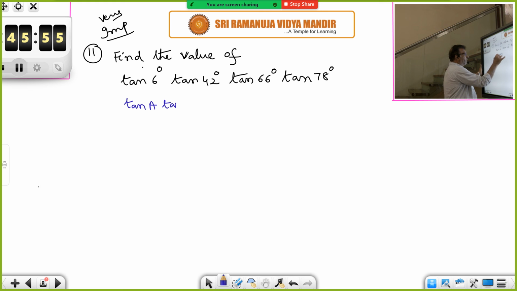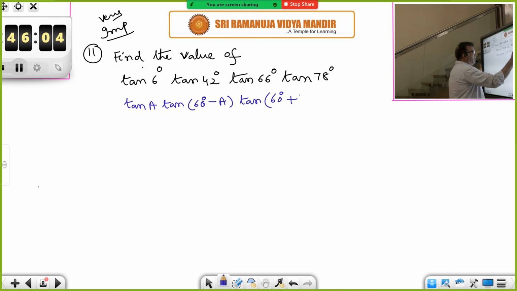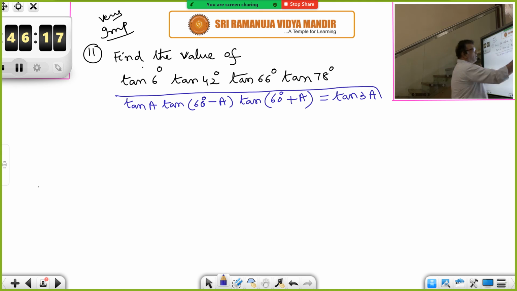Prabhas, are you there? Sai Vardhan, are you there? You are not responding. Why? Tan A, tan 60 minus A, tan 60 plus A. What is it equal to? Tell me. So, using this formula, can you solve the above problem? That is the question.